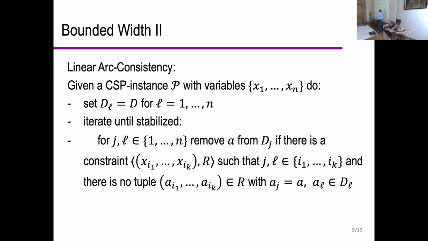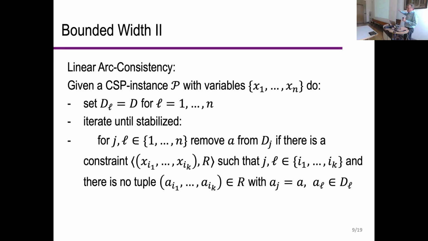So every time we just look at a variable and a constraint, and check if we still can assign some value to that variable. If we cannot, we remove that value from the domain and keep going. Okay? So this is linear consistency.